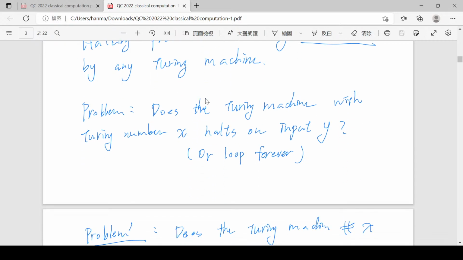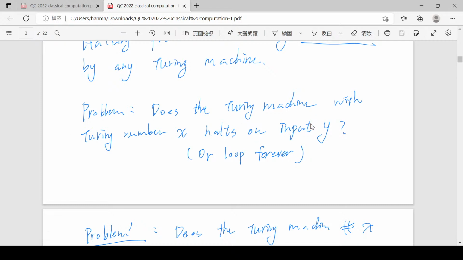And now our halting problem. So the most general halting problem you probably want to see is, does the Turing machine number x, so you just use this number, as we said, this Turing number, to label a Turing machine. So does this Turing machine x halt on some input y? Obviously, whether a machine halts will depend on what input you feed it.